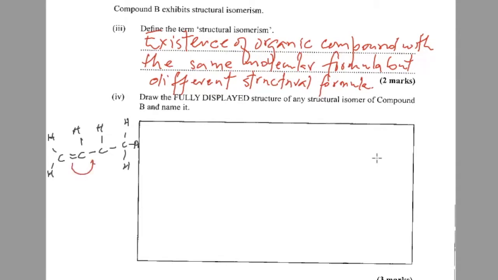So we're going to draw what that would look like for one of the answers. We're going to just represent both of them, and you can do whichever one you're comfortable with, as long as you get the concept. So if the carbon-carbon double bond were to be in the middle, then this is what the compound would look like. And they also ask us to name it, so we'll go right ahead.